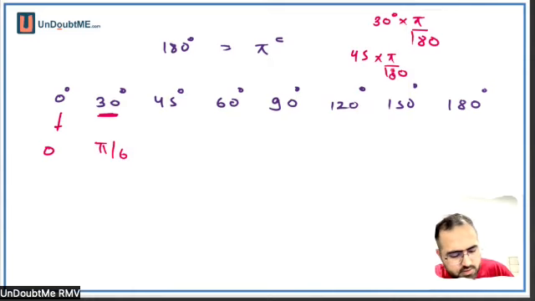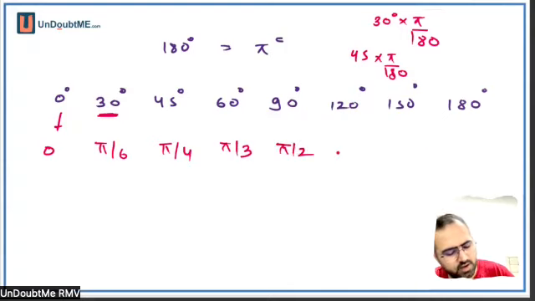It's 1 by 4, so pi by 4. Okay. Similarly, 60 degrees. Just keep on calculating and tell me the values fast. That will be pi by 3. Okay. Then 90 degrees. Pi by 2. Correct.